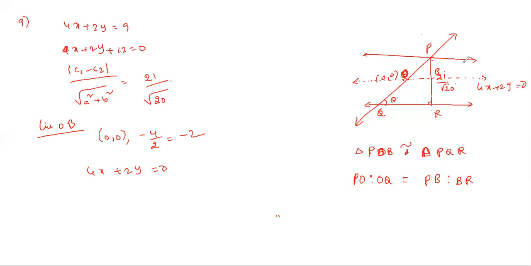Distance between the parallel lines: mod C1 minus C2, 9 by root 20. And the other length: the line is 4x plus 2y plus 12 equals 0, so the length is mod 12 minus 0, 12 by root 20. So what is the required ratio? PB, 9 by root 20, 12 by root 20. So 9 is to 12, 3 is to 4.